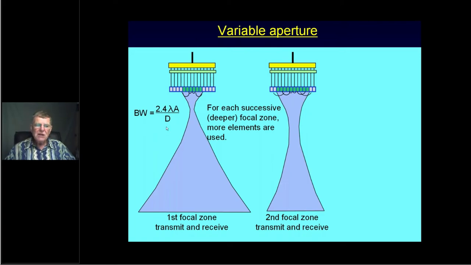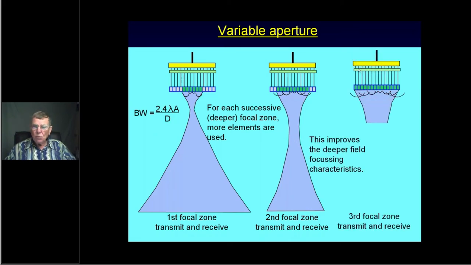So once you start to go deeper, you will need to increase the aperture to get a decent beam width at the focal point. And when you get really deep, they'll be wanting to use as wide an aperture as they can, because that's where you're going to get your best beam width when you're deep down in the patient. So you'll find when you're scanning deep into the patient, then that's going to be important.